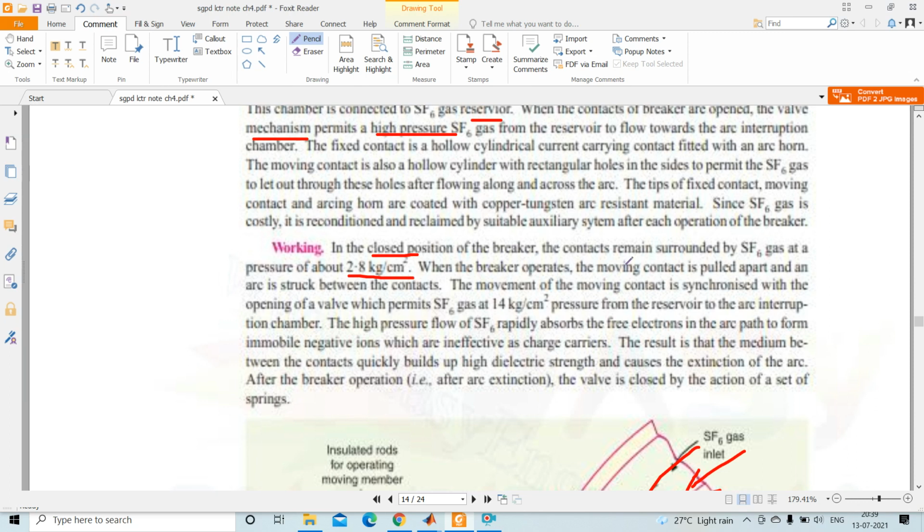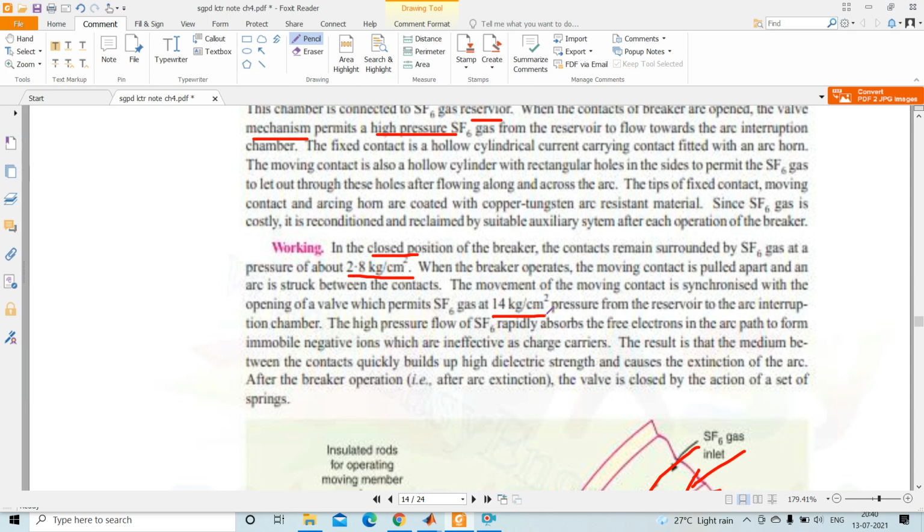The moving contact is pulled apart and an arc is struck between the contacts.